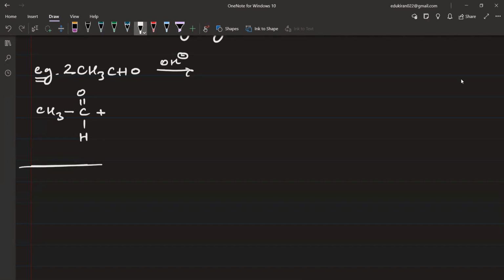In the first molecule, what will I expand? The carbonyl carbon. And in the second? Alpha. You do not expand the last carbon. Thank you very much. So we will expand it like this.